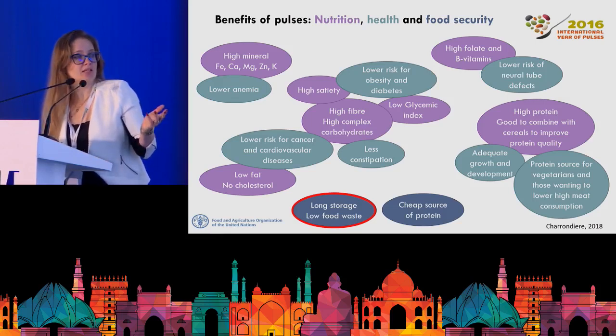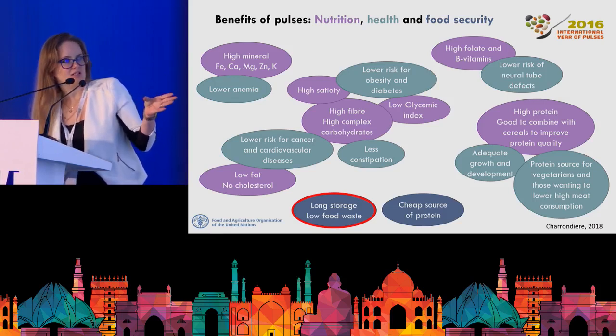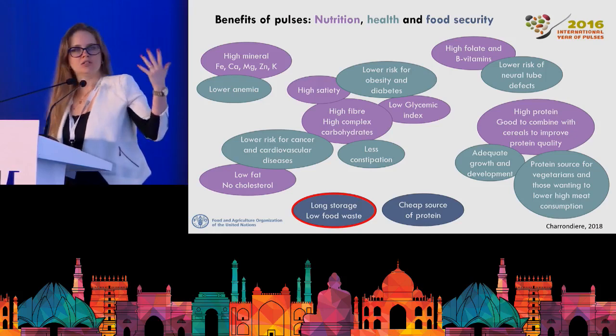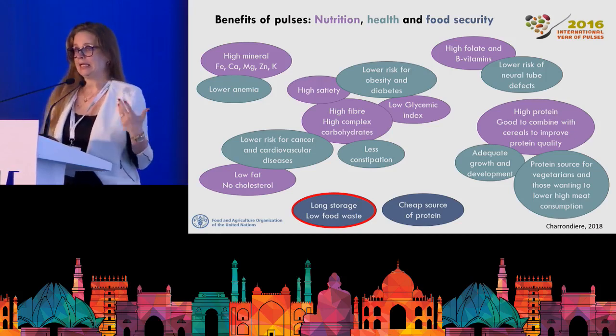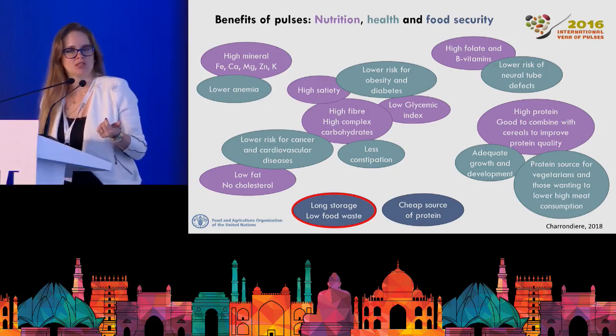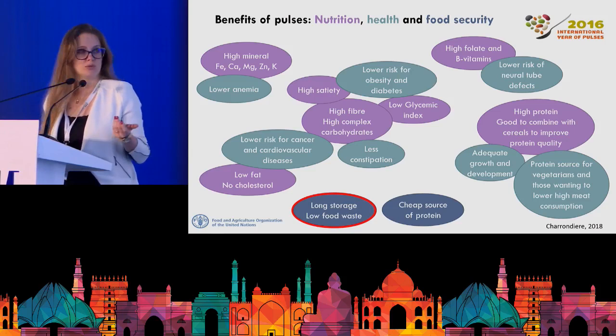And here we can see that except for one benefit, that is long storage and low food waste, all the other benefits are somehow linked to food composition. So that's why it's important to know the composition of foods.